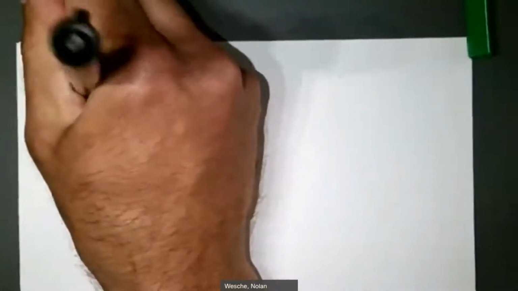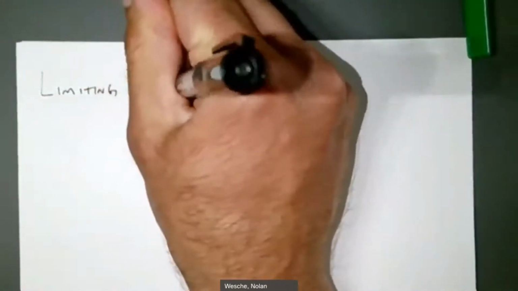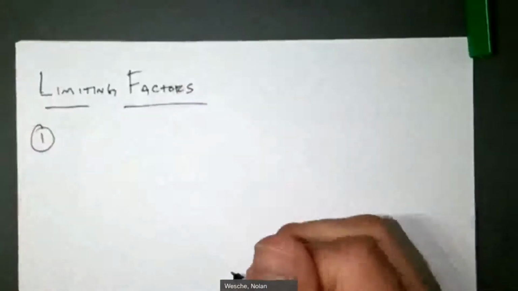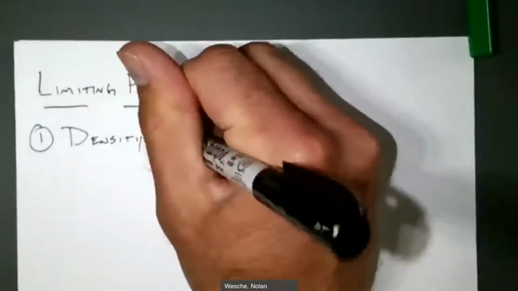So earlier we used this word limiting factors. And exponential growth was in the absence of these limiting factors, and logistic growth was when we had these limiting factors. So let's talk about what these limiting factors kind of take the shape of. So we have one group that are density dependent limiting factors.